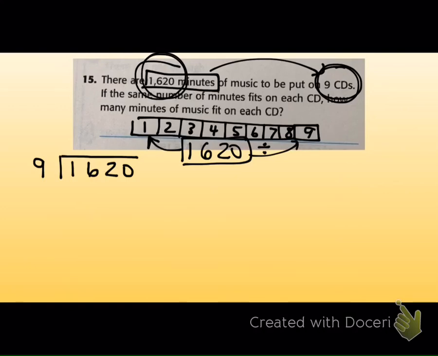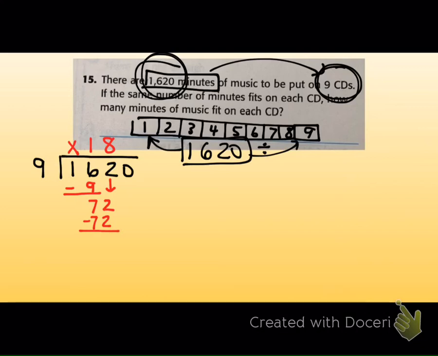So, can 9 go into 1, our first digit there? No, it cannot. So let's put an X above there so we keep our space. 9 divided into 16 certainly goes in one time. We subtract 16 minus 9. We get 7. Bring down our 2. Make that 72. How many times does 9 go into 72? It goes in 8 times. 8 times 9 is 72.